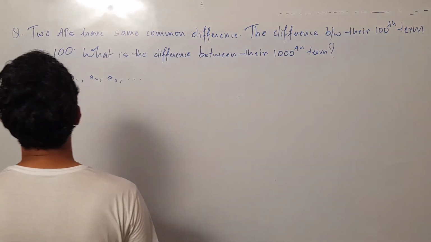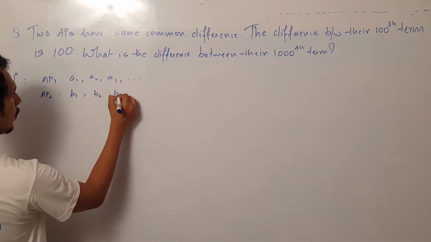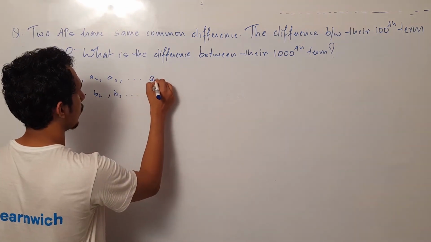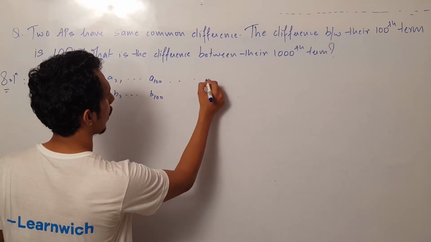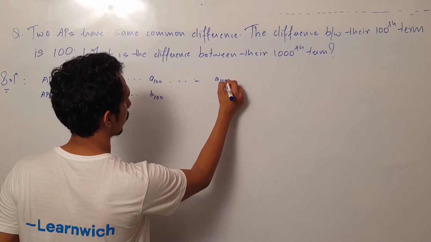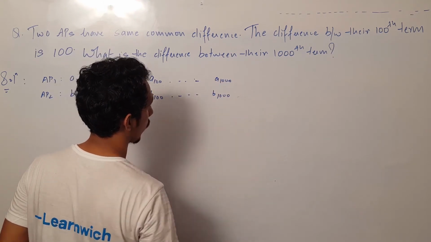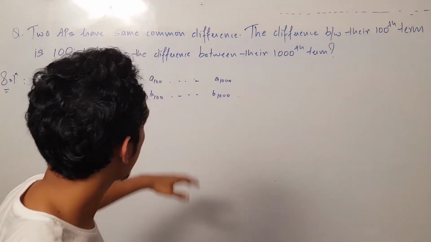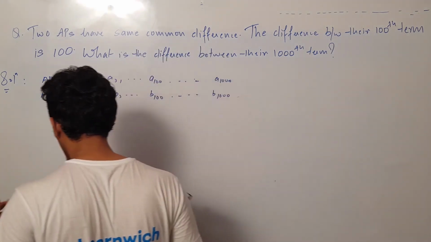And the second AP is b1, b2, b3, etc. So this has a 100th term and this has a 100th term. This also has a 1000th term, and this also has a 1000th term. We have to find out the difference. If the difference between a100 and b100 is given, you have to find out the difference between a1000 and b1000. All right, no problem.